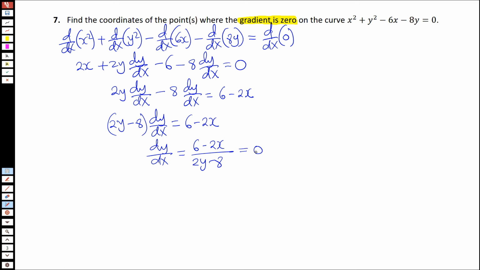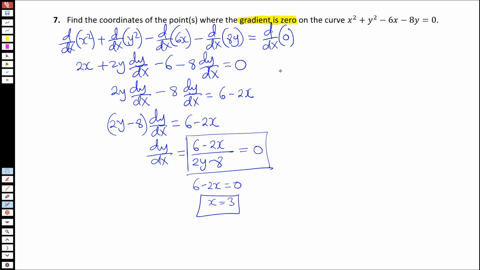If you solve this equation, the denominator multiplied by 0 will just be 0. So we'll have 6 minus 2x being equal to 0, which means x will be equal to 3.